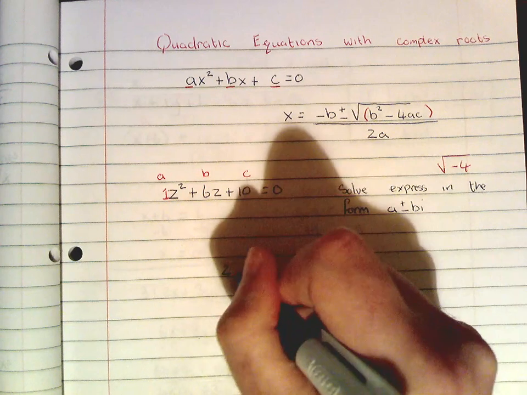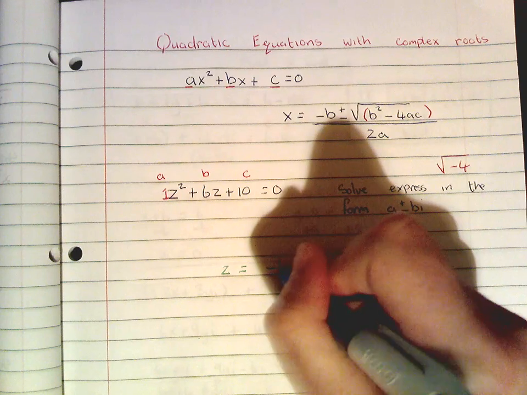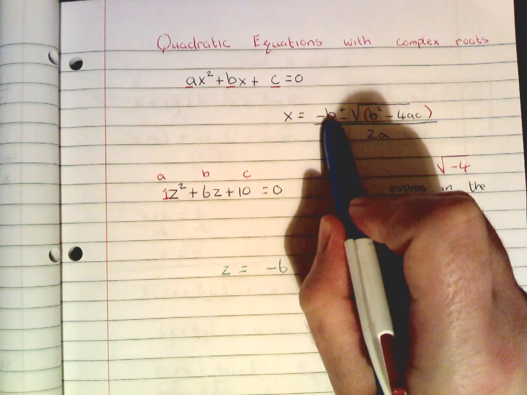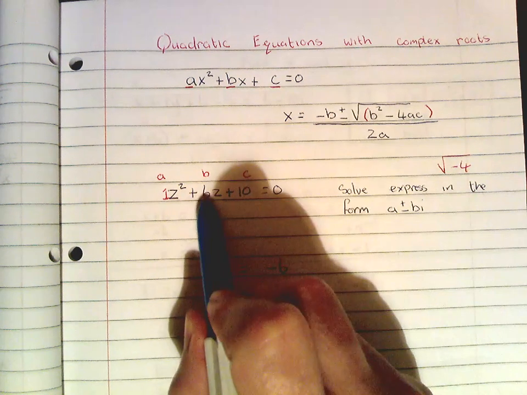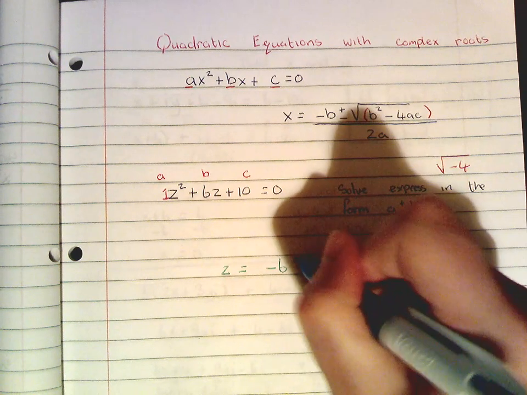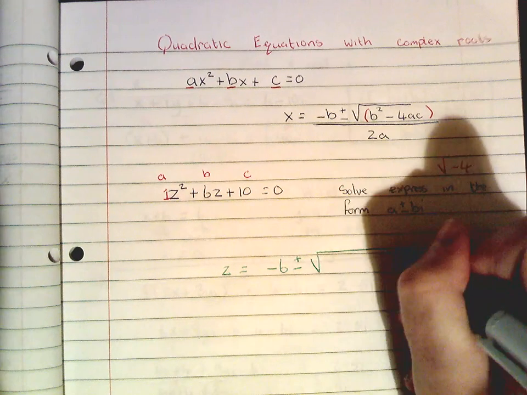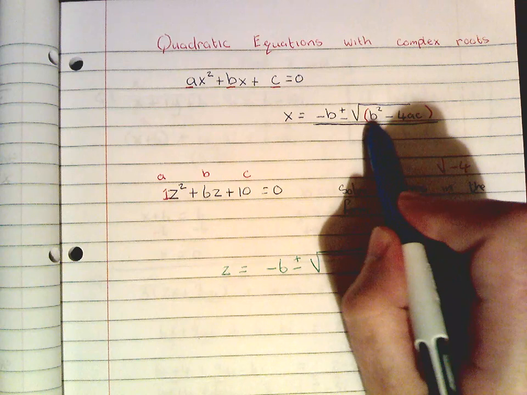So z is going to be equal to minus 6. Remember, it's minus whatever the value is for b, and the value for b is 6, so it's minus 6 plus or minus the square root of b squared.